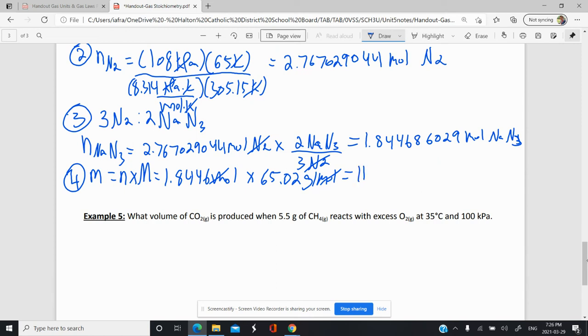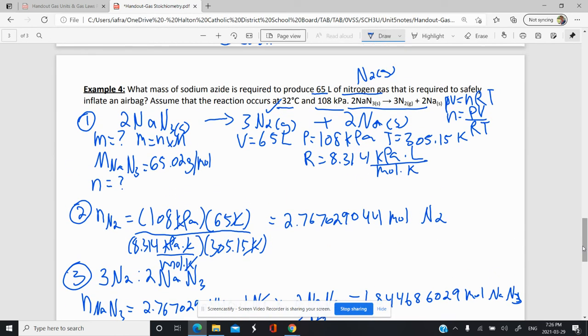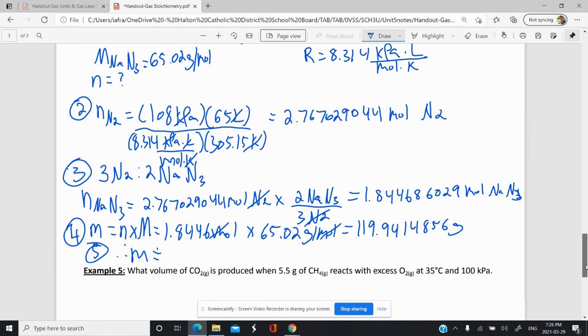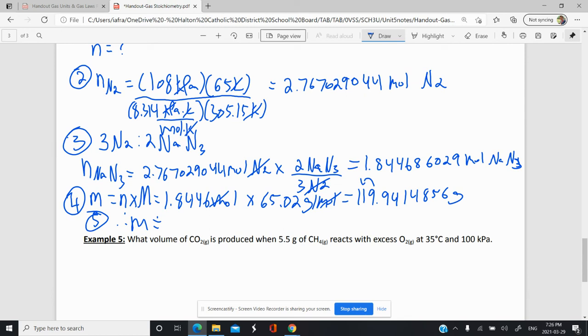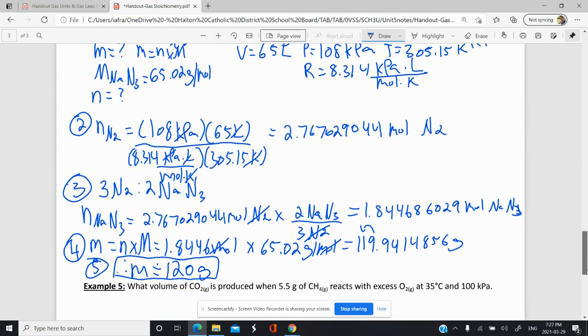We get 119.941486 grams. But don't forget, we have to write a therefore statement and round to the proper number of sig figs. And it looks like the smallest number of sig figs is going to be 2. So we can write our therefore statement. Therefore, the mass of sodium azide required is approximately, we said 2 sig figs, I believe, so we can round up over here to 120 grams. So 120 grams of sodium azide would be required to decompose to make 65 liters of nitrogen.